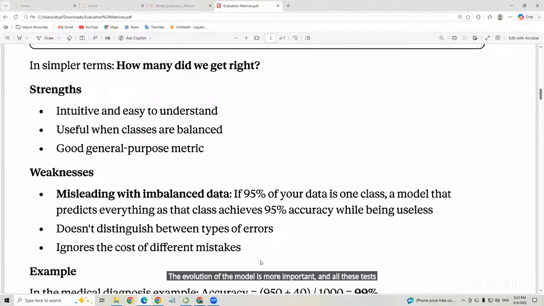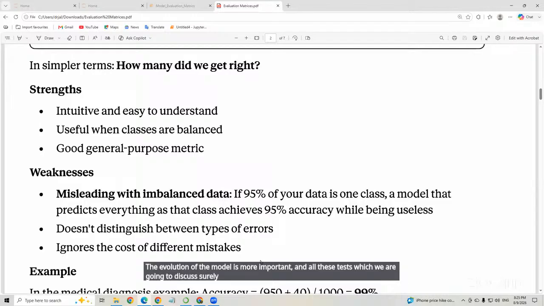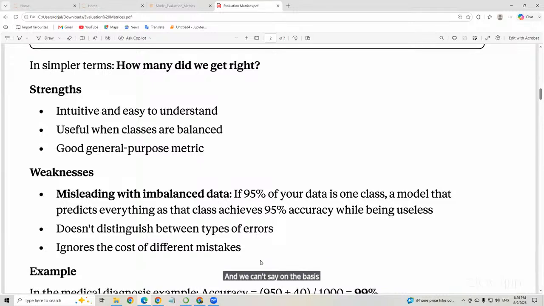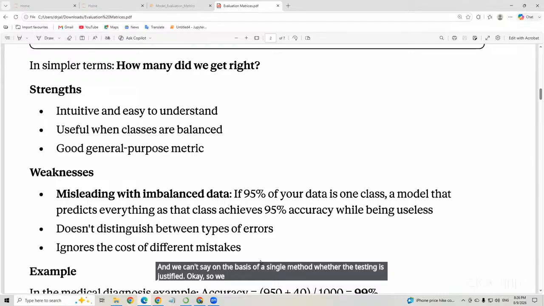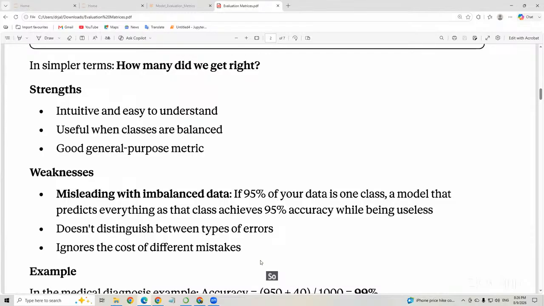As we discussed in the very beginning, one method is not sufficient, and we can't say on the basis of a single method whether the testing is justified. So we have to check by applying all the tests which we are going to discuss here. There are 6 methods. If you compare all these tests which we are going to implement, it will help you.